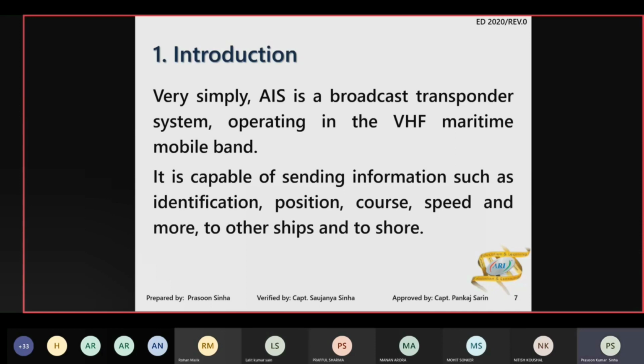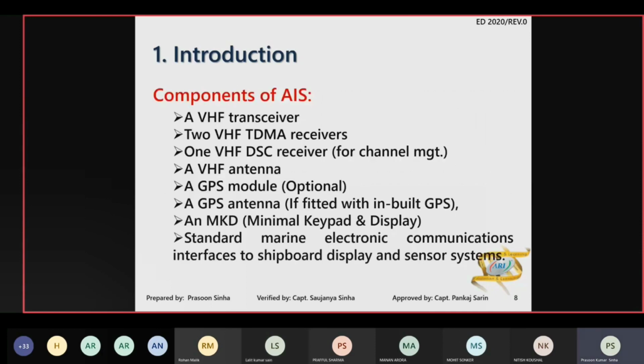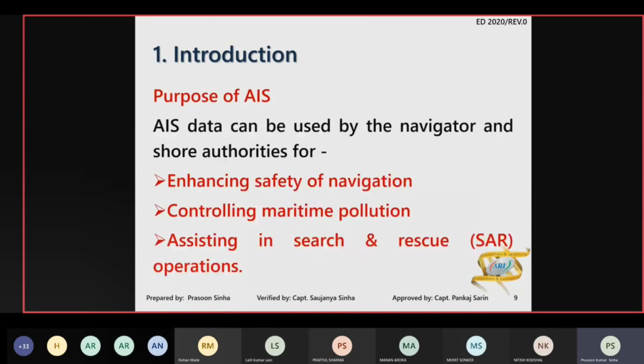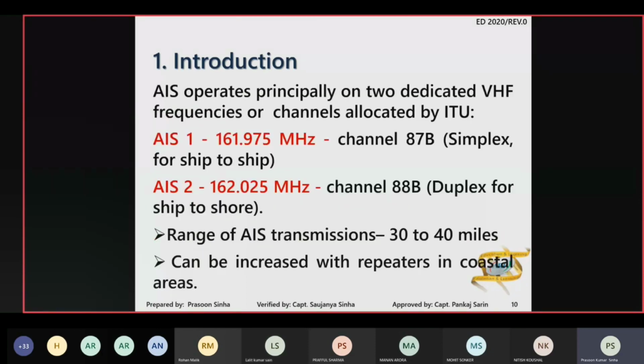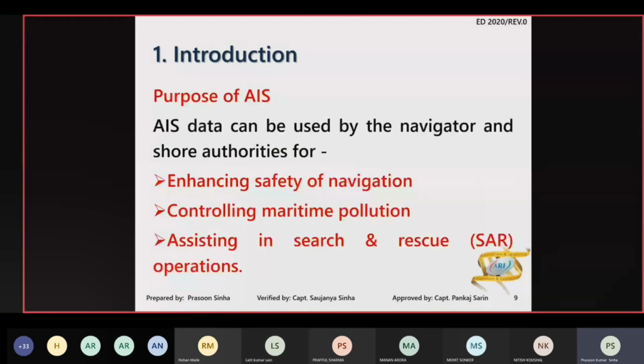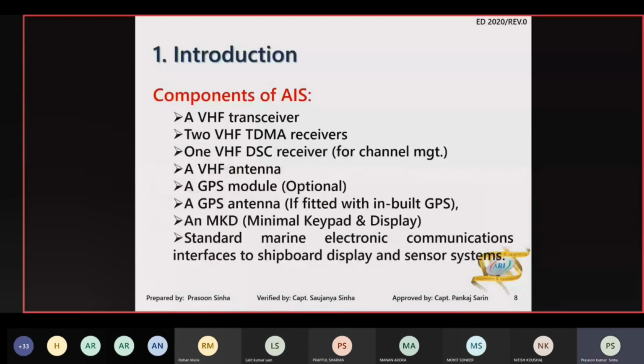The frequencies which are transmitted, frequencies which are used in this. एक सेकंड, अच्छा थोड़ा मैं आगे चला गया. चलो ये भी बात कर ही लेते हैं. What are the components of this transponder system, AIS transponder system?